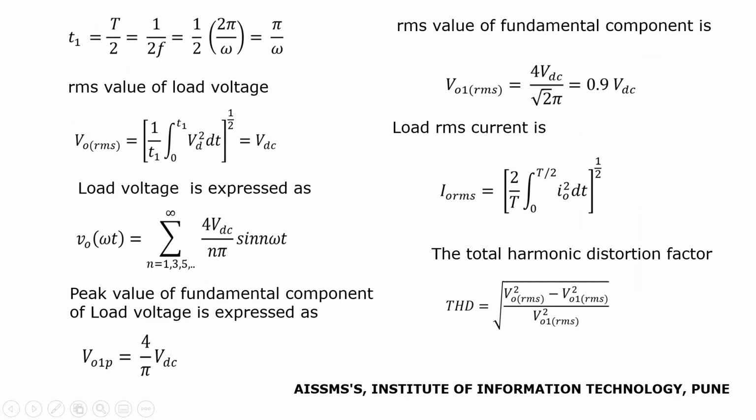Now, in the case of an inverter, the output voltage and output current are not purely sinusoidal, but we get the output voltage in the form of a square wave. So it indicates that a lot of harmonics are present in the output voltage and output current. We can find the total harmonic distortion factor by using this equation.